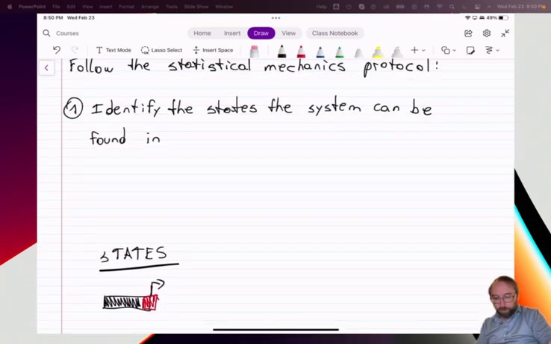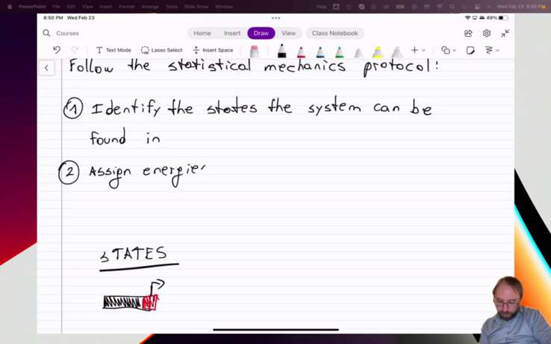Okay. So the next thing that we need to do is think of the energies. So assign energies to each state.